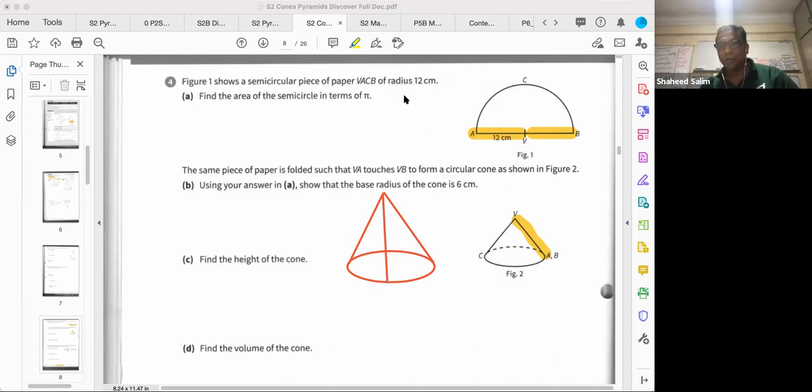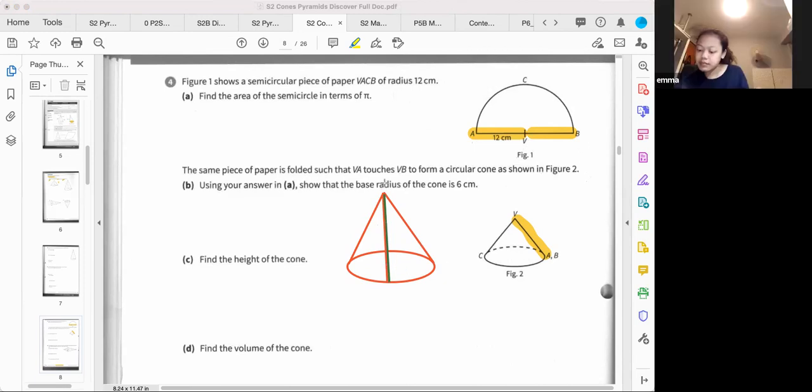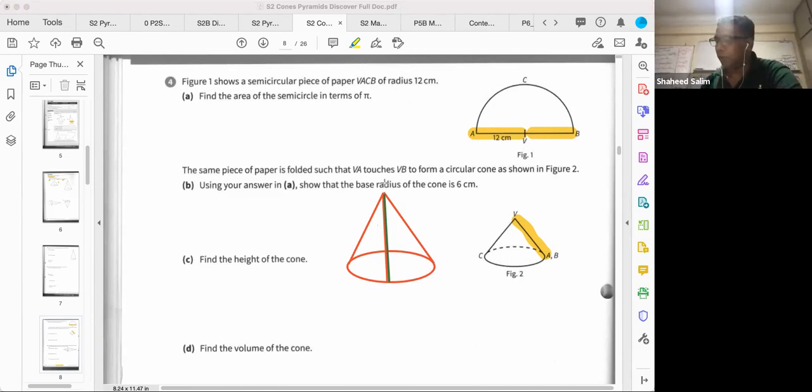I'm going to use two colors. One is going to be down here, another one is going to be there. So this is AV and BV. This is V. Are you okay? You can see, you know what to do. Okay, great.